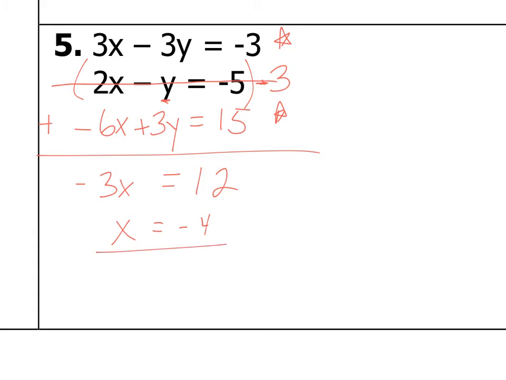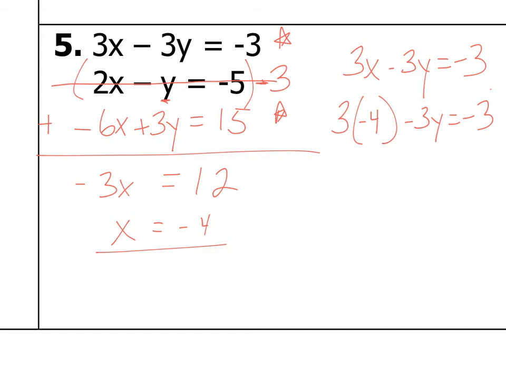And there's one of our answers, so now I can substitute back into either equation. Okay, let's just choose the first one. 3x minus 3y equals -3. Be careful here. This is 3 times -4. I'm subtracting 3y, and this is all equal to -3.